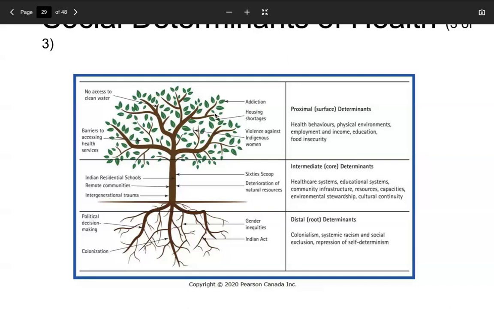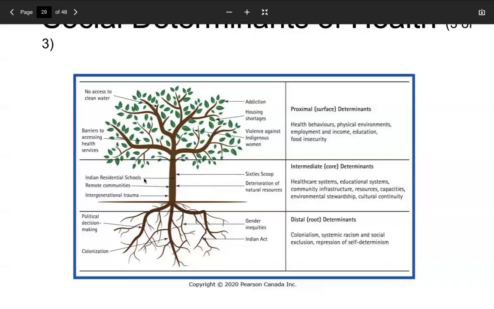But in order to truly support the Indigenous community's healing, you have to look at the tree trunk, you have to look at the roots, because it's much more than just the surface level. It's why are the addiction issues happening? Why is there a housing shortage, right? So we're looking at the effects of the residential school system, right? People were ripped away from their families.